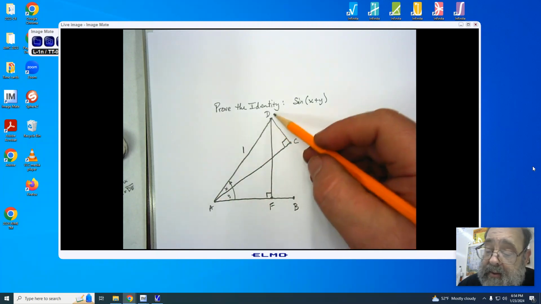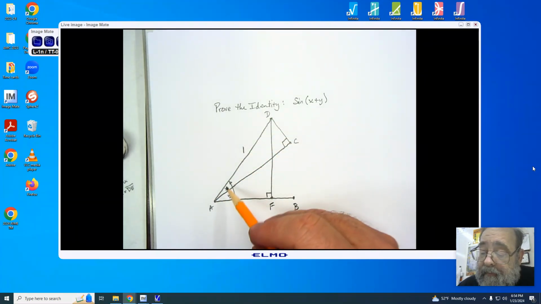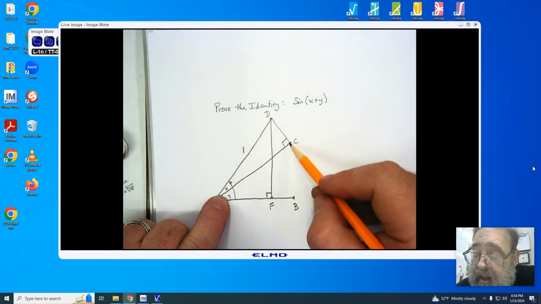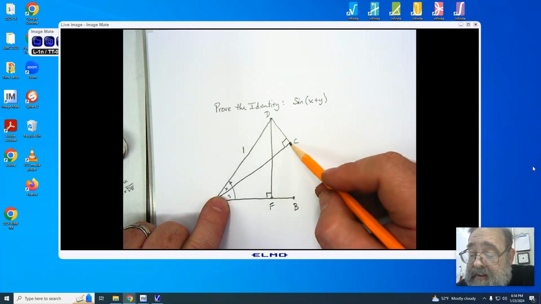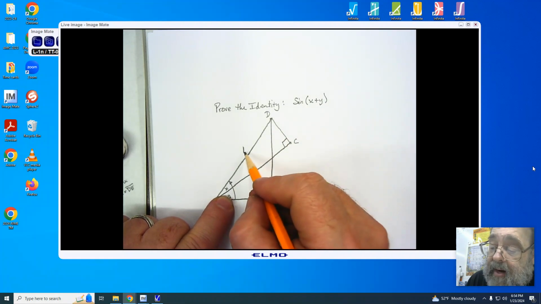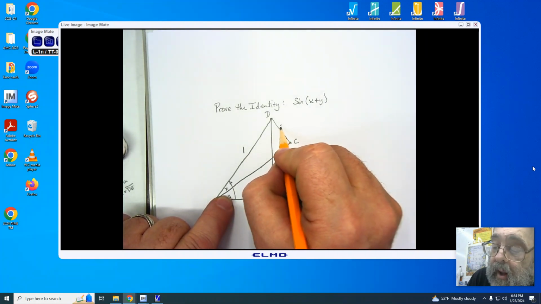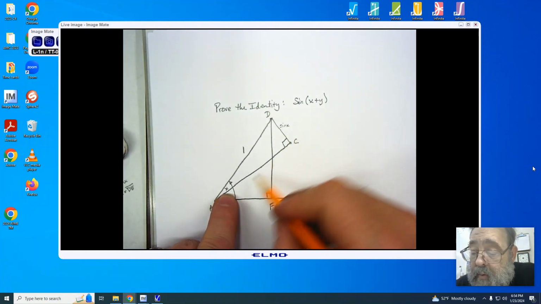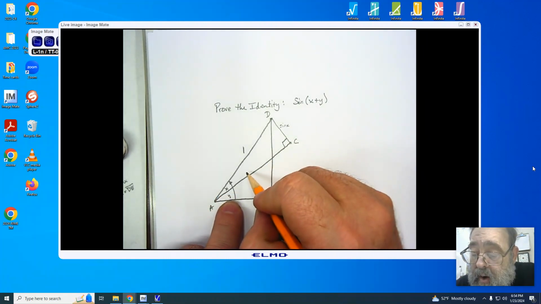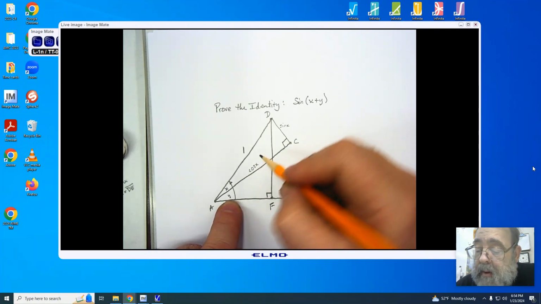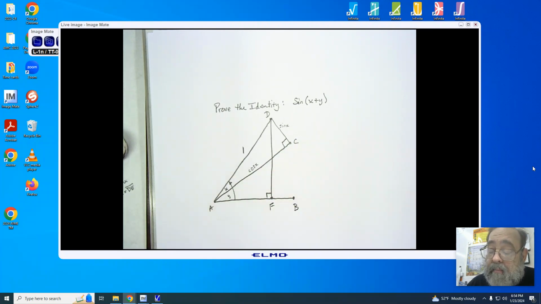From angle X, the opposite side DC is the sine of X divided by 1, and therefore this is the sine of X. The cosine of X is going to be AC divided by 1, and therefore AC.